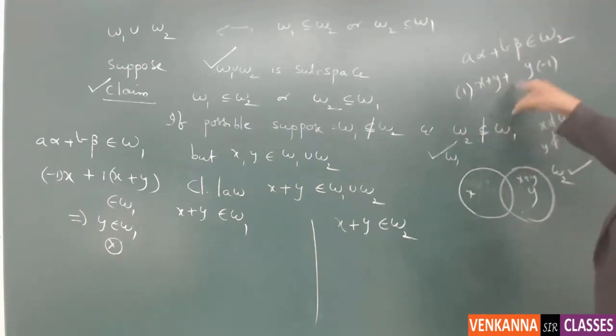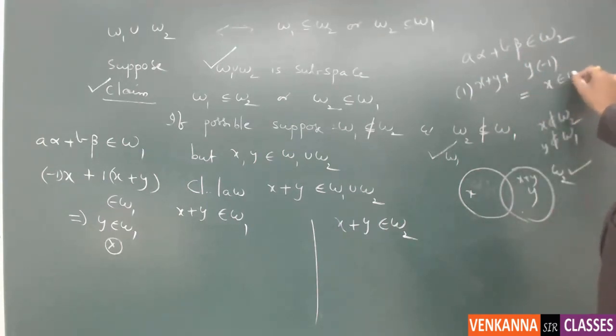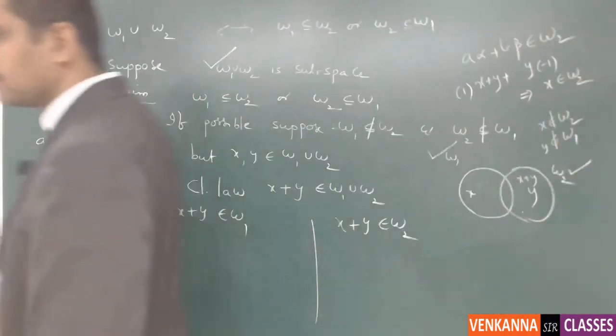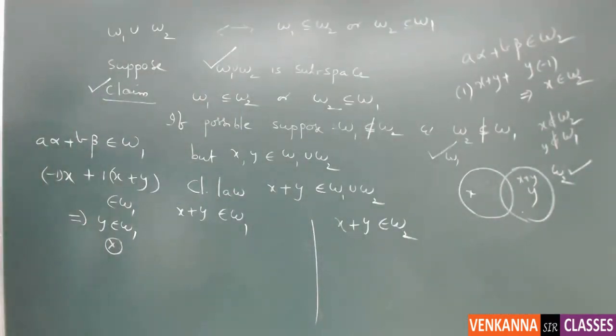So A alpha plus B beta. So from this you can say that X belongs to W2. Is this correct? No, because X will belong to W1 only exclusively. So whatever the choice you are making, you are getting a contradiction always.